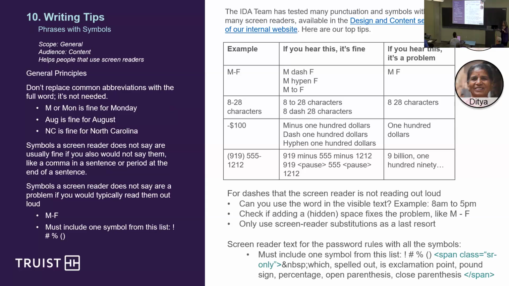So same thing like Monday through Friday. I don't care if it says M-F, M to F, M through F, as long as it says something. If it just says MF, that I start to worry about a little bit. And so what I think about is if I have it in front of me and I'm reading it to someone else, what would I say?